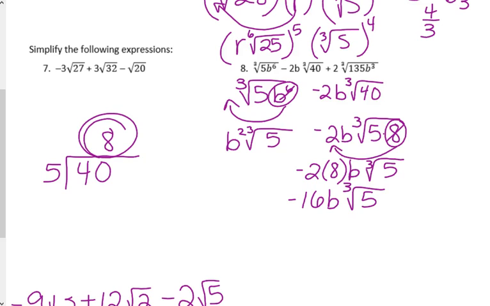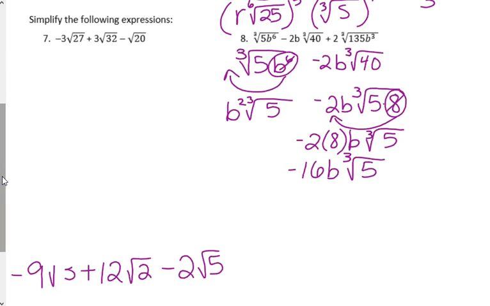Finally, we have 2 times the cube root of 135b cubed. So let's see how that works out. Now, 1 plus 3 plus 5 is 9, so that means it's divisible by 3. So we're going to start with 3 when we factor our 135.